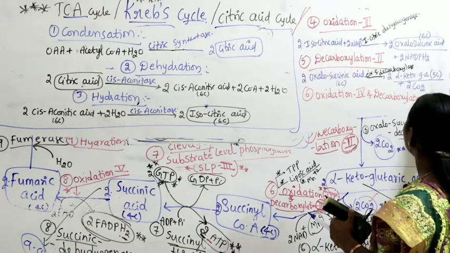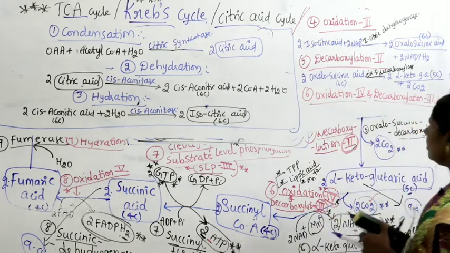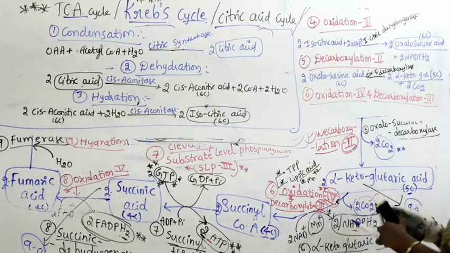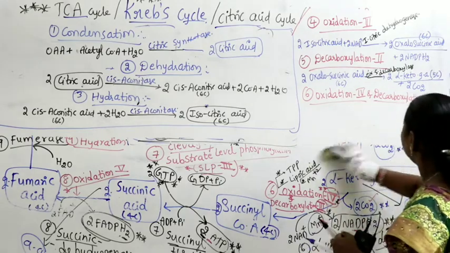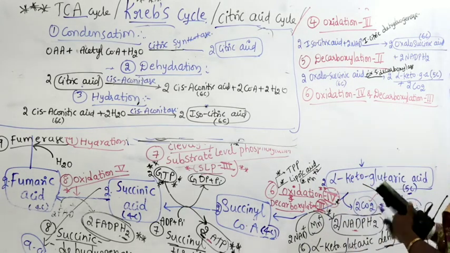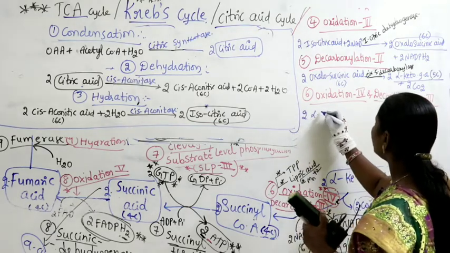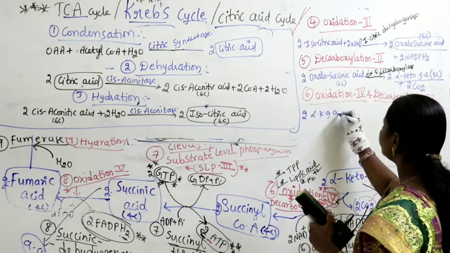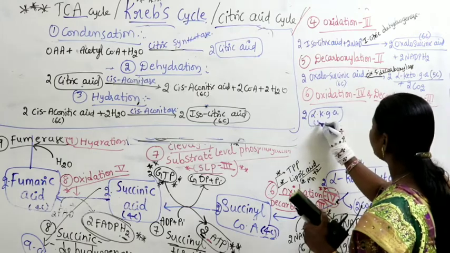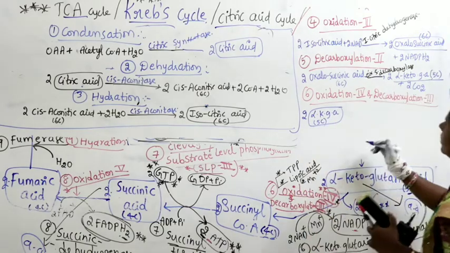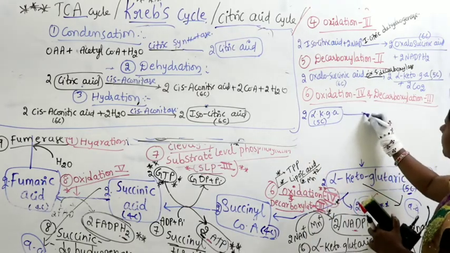Decarboxylation number 3. So what happens here? In this, 2 molecules of alpha ketoglutaric acid having 5 carbons, right? Now it loses carbon dioxide.